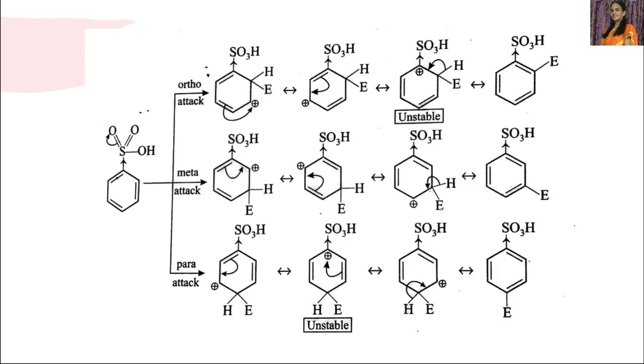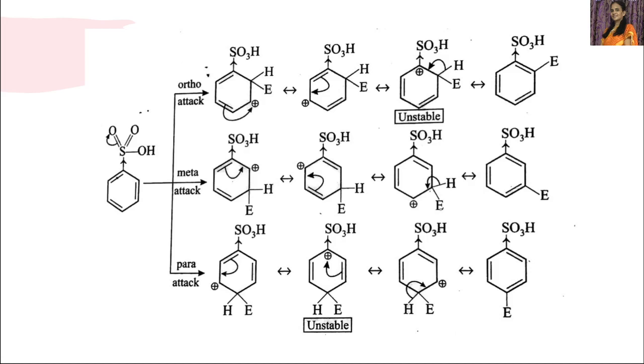The positive charge is not delocalized or reduced. Because of that reason, this particular structure becomes less stable or unstable. Therefore, this is not the preferred path for the electrophilic substitution at ortho position.